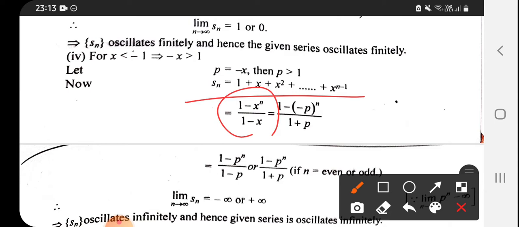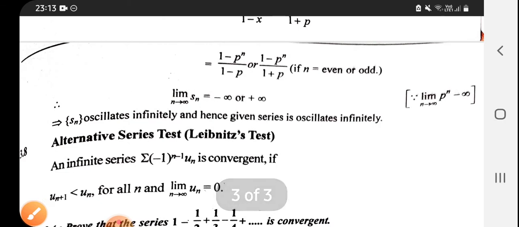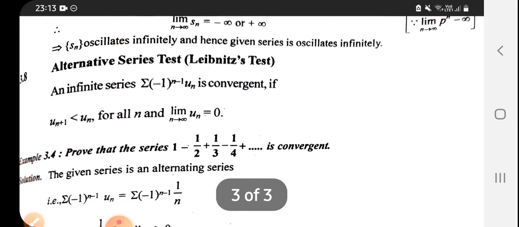Consider minus x equal to p, then we get this expression, and as n tending to infinity we get minus infinity or plus infinity. So this series oscillates infinitely, hence the given series oscillates infinitely.